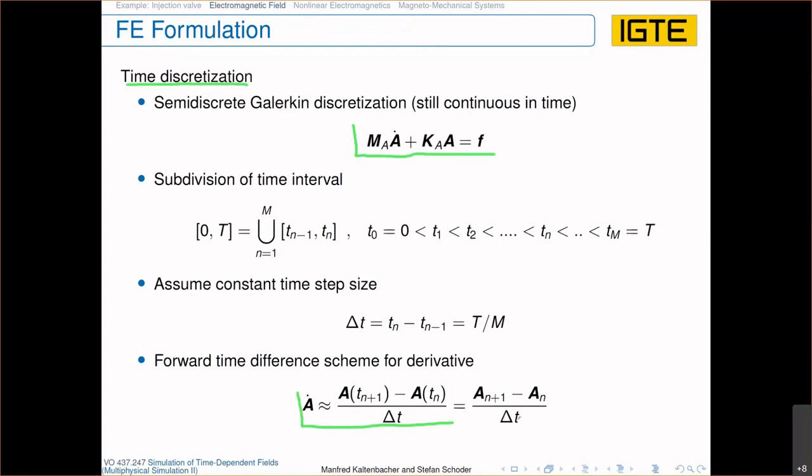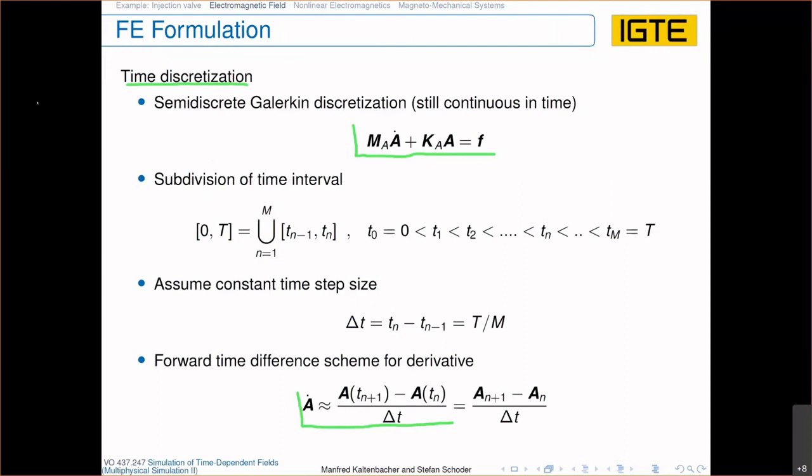Okay, so you see this is a simple finite difference scheme in time. You could also introduce basis functions, so you more or less treat time as a further space coordinate, and that would be the method called space-time methods. However, the standard approach is that you use finite differences for the time discretization.